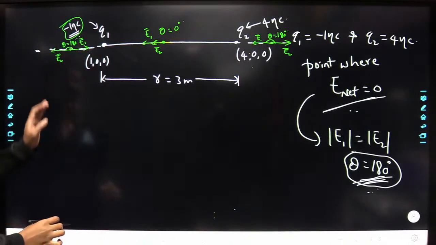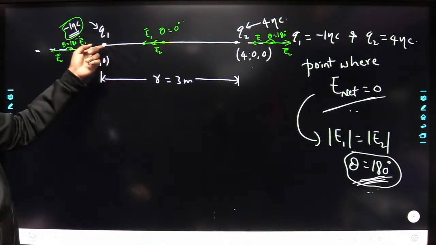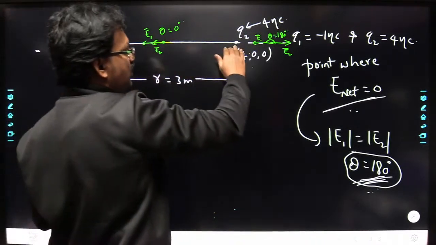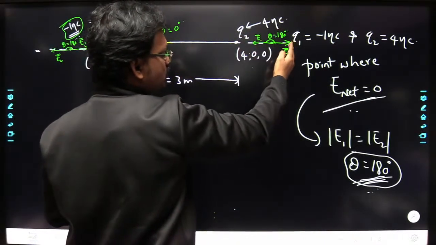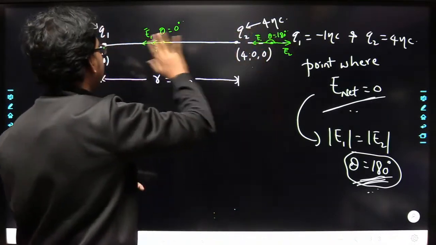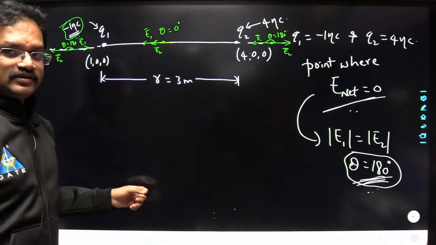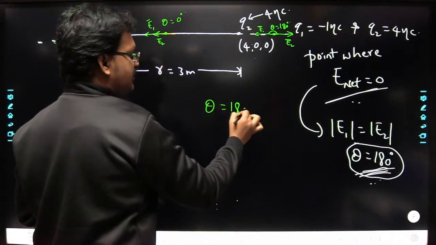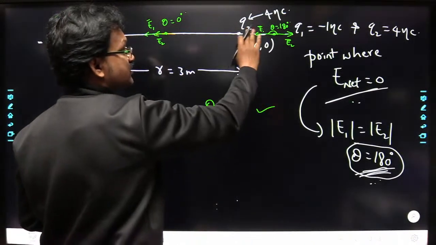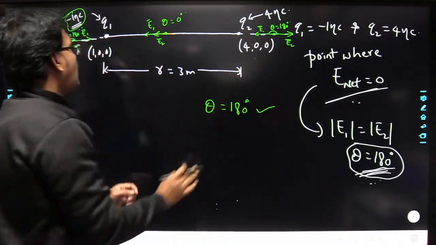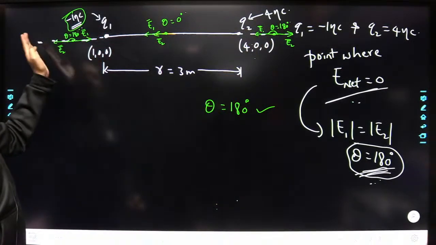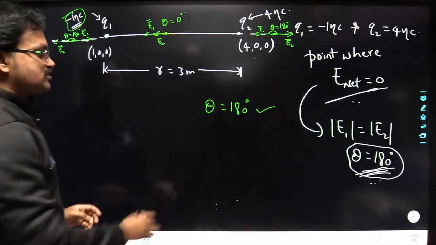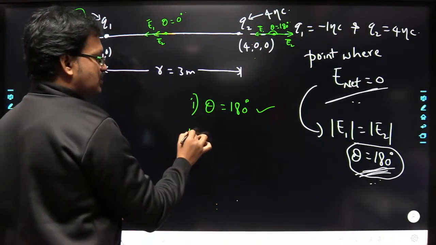So whether you consider any point along the line to the left of Q1 or to the right of Q2, you are getting the condition theta equal to 180 degrees. Yes or no? So this condition is satisfied.